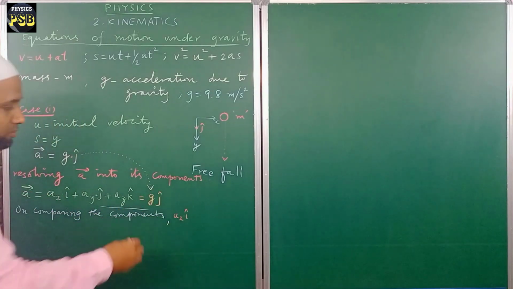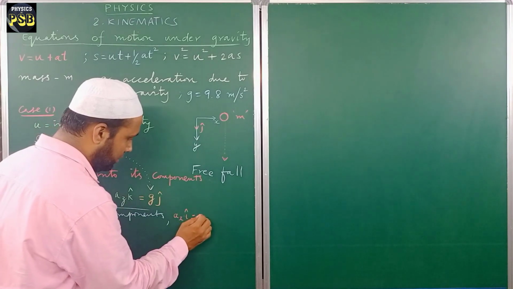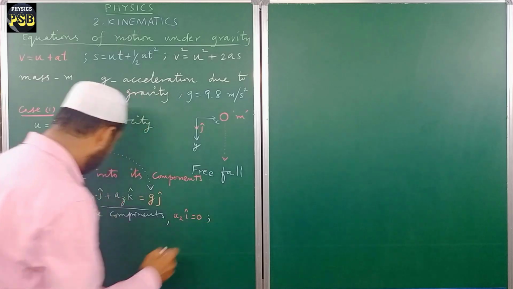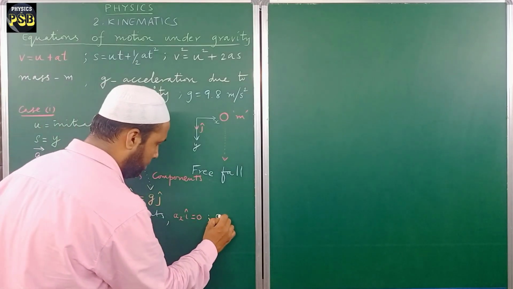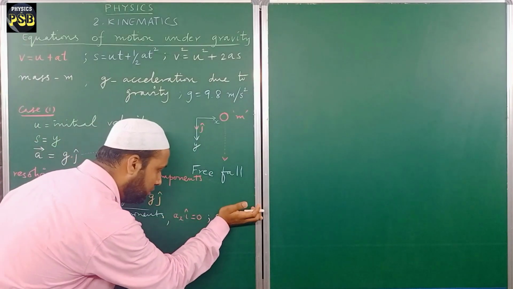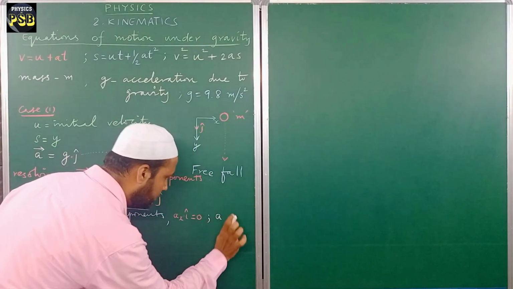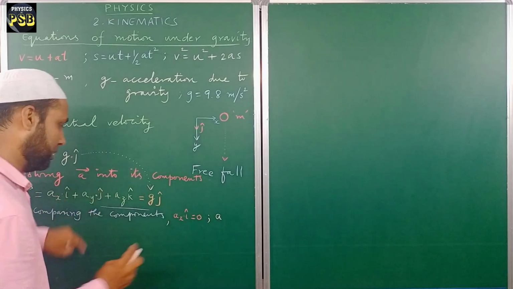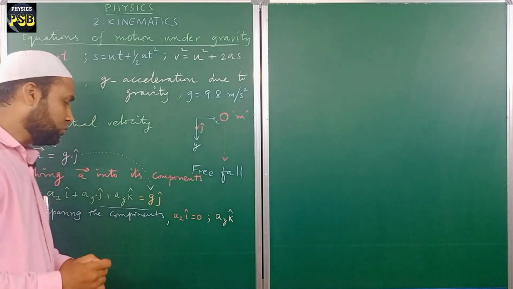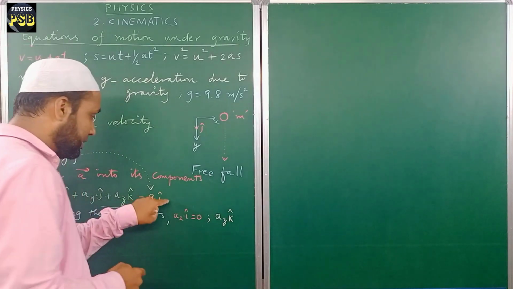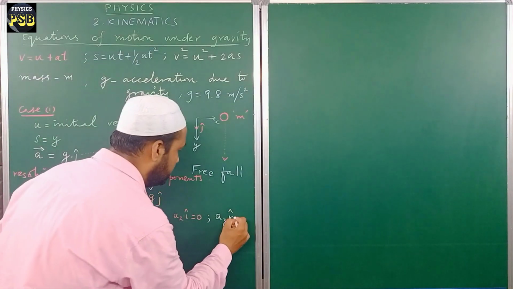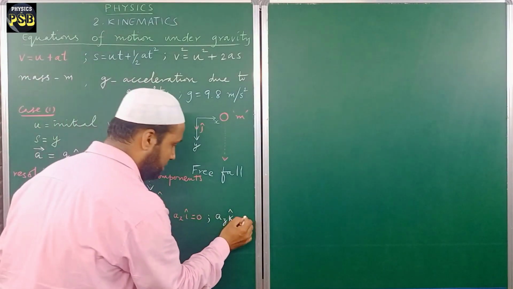This side there is nothing. So Ax i cap is taken as 0. Fine. The next here we have Ay j cap. Before writing here, I'll do one thing. I'll take this part Az k cap. Why am I doing so? You will come to know later. This side we do not have anything with the k cap, so it is 0.